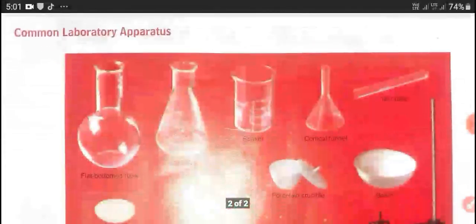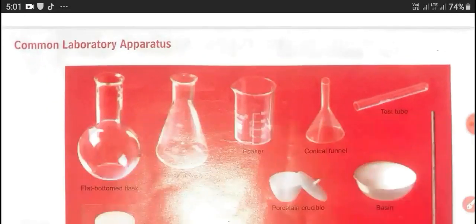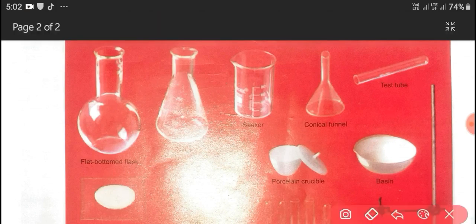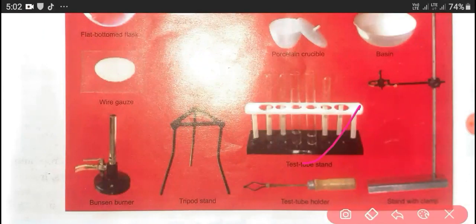Another diagram is common laboratory apparatus. Here it is given: flat bottom flask, conical flask, beaker, conical funnel, test tube, then porcelain crucible, basin, stand, test tube stand, stand with a clamp, tripod stand, Bunsen burner, wire gauze, test tube holder.